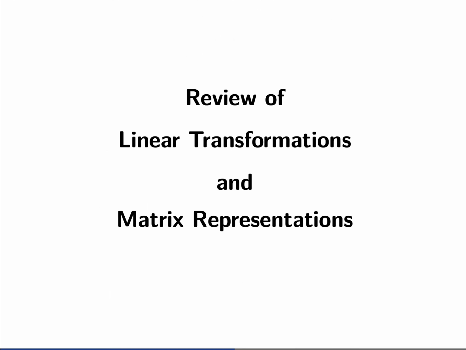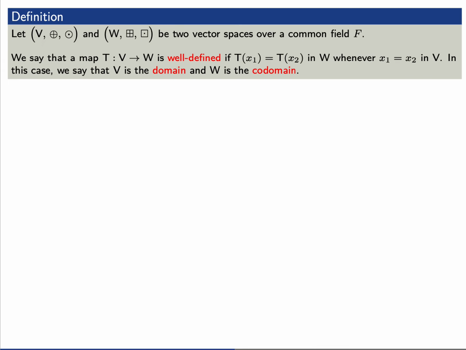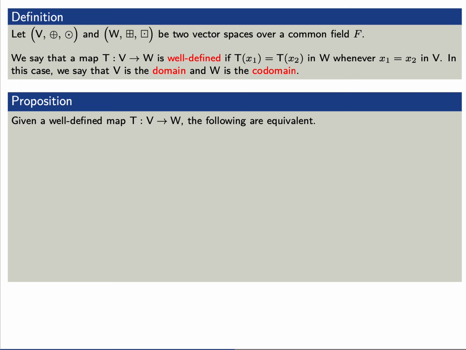We also would like to review some concepts of linear transformations and their matrix representations, since we'll be discussing some applications for the next few lessons. Let's say that V and W are two vector spaces. Recall that a map T has a domain V and a codomain W. Once we have such a mapping T, the following statements are equivalent.